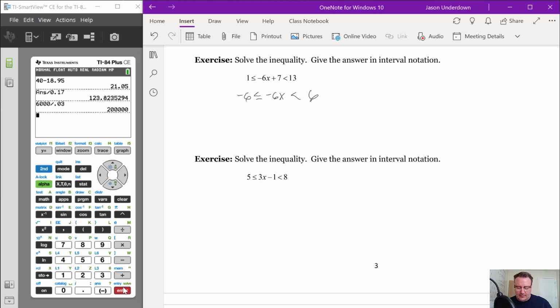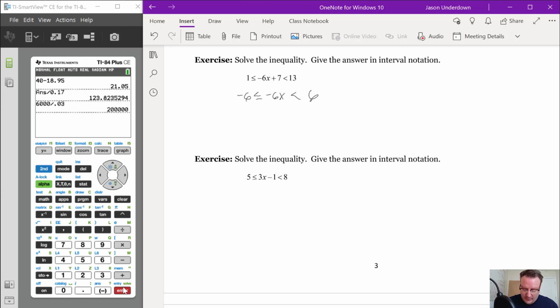All right. And now I want to isolate x in the middle. So I'm going to divide both inequalities by negative 6. Now remember, when I solve an inequality by multiplying or dividing by a negative number, I need to flip the direction of the inequalities.